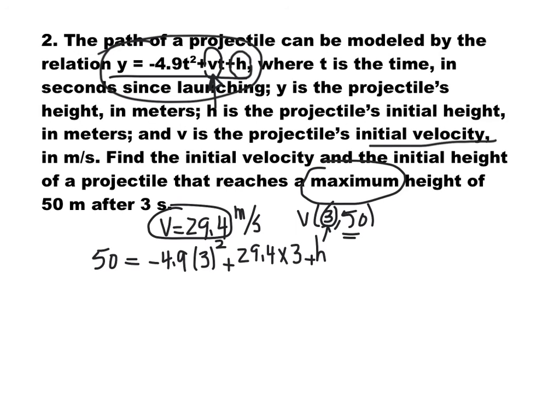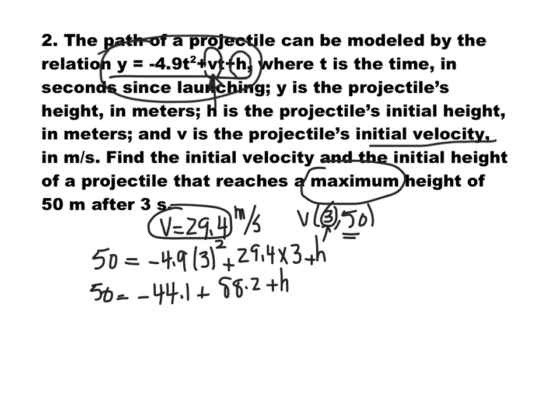Now I have one equation in one unknown, which is h, and I can solve it. So I can write 50 is equal to negative 4.9 times 3 squared. 3 squared is 9. 9 times negative 4.9 gives me negative 44.1, plus 3 times 29.4 gives me 88.2, plus h.